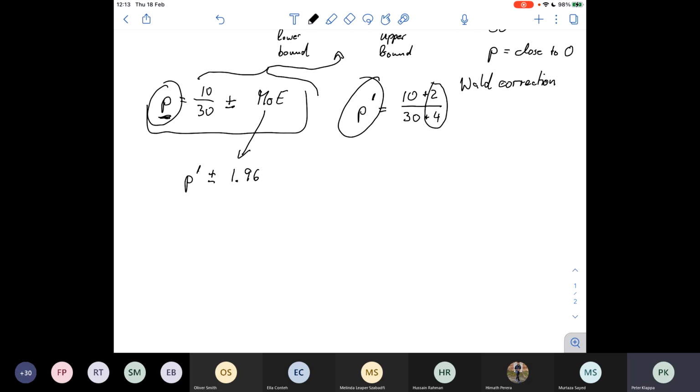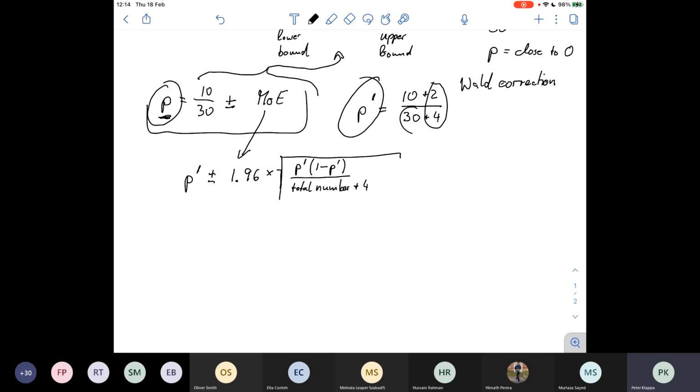But at the moment, just trust me, 1.96 times the square root of P prime, that's this ratio again here, 12 over 34, times 1 minus P prime, divided by the total number of cells plus 4.